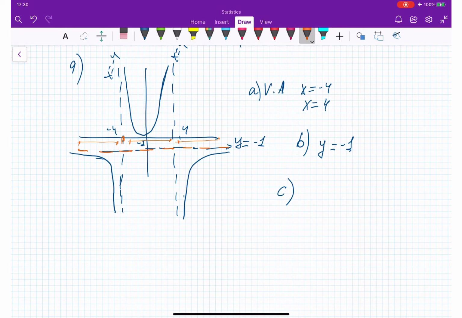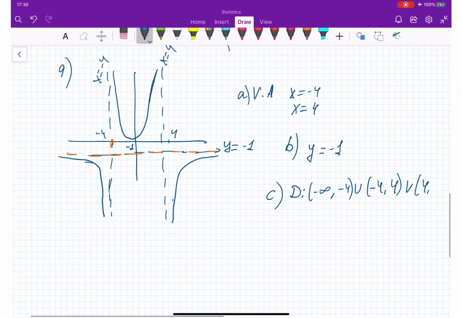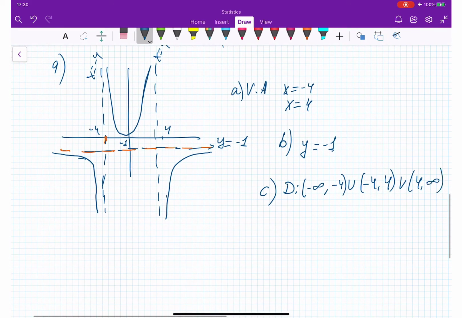Yes? Okay. So the domain is going to be from negative infinity to negative 4, and then from negative 4 to positive 4, and from 4 to positive infinity. And that's all.